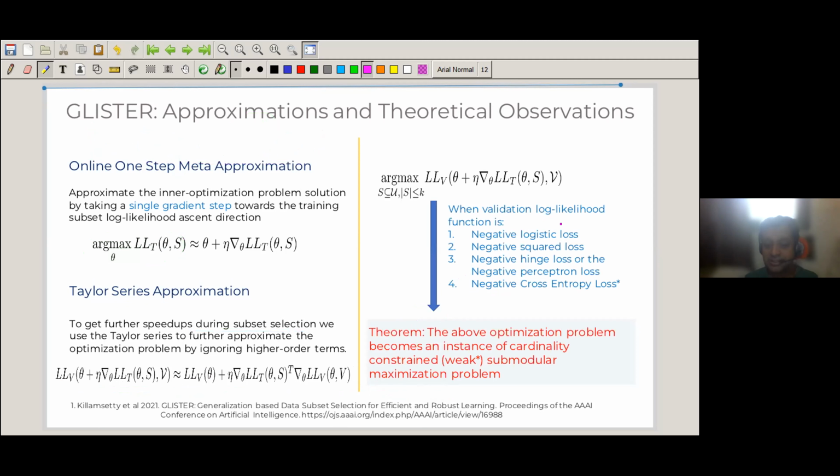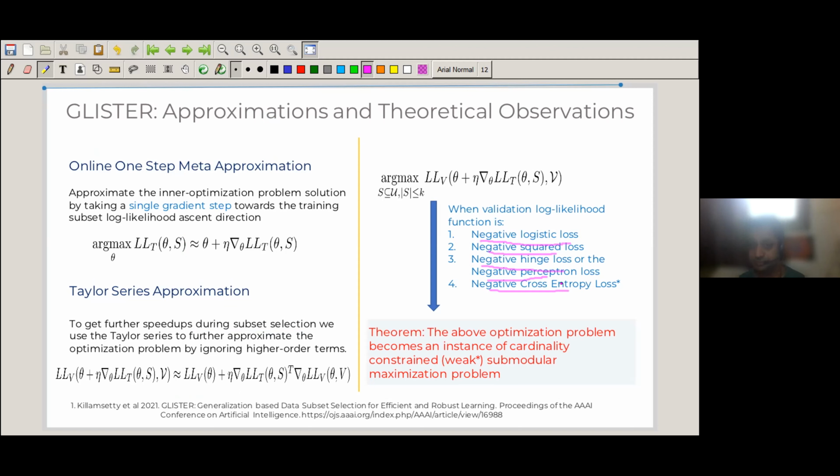Why is this interesting? It's interesting because, again, when the validation log likelihood function is, say, the negative logistic loss or the negative squared loss, negative hinge loss, negative perceptron loss, or negative cross entropy loss, the optimization problem again becomes an instance of a cardinality constraint submodular maximization problem. I already said for submodular maximization problems, there are greedy algorithms which give 1 minus 1 over e approximation guarantees.